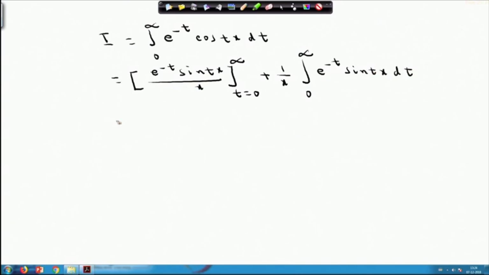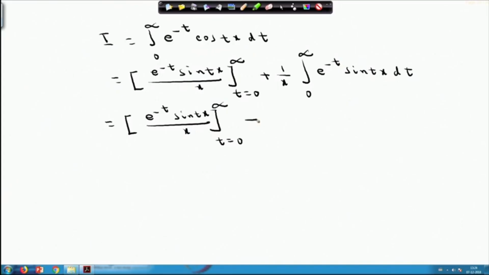So, this I am keeping as it is at present, e power minus t sin t x by x, where t lies between 0 to infinity. For the second integral, again use integration by parts, so that I can actually get back the original integration, that is 0 to infinity e power minus t cos t x.